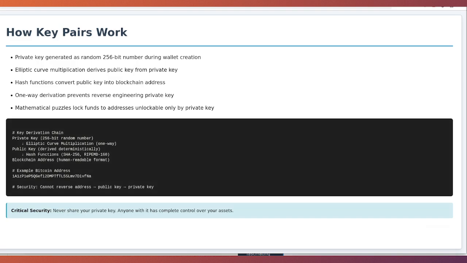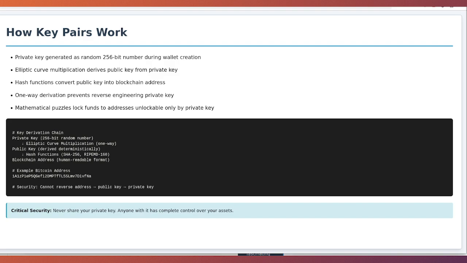How key pairs work. Let's break down exactly how public and private key pairs function in blockchain. When you create a blockchain wallet, the software generates a private key, typically a random 256-bit number.